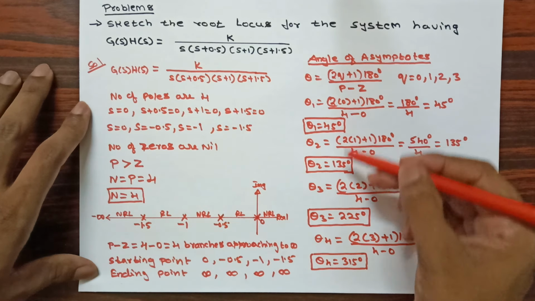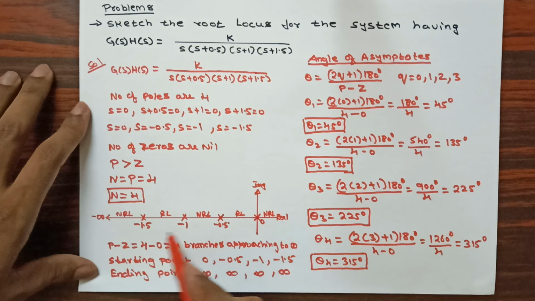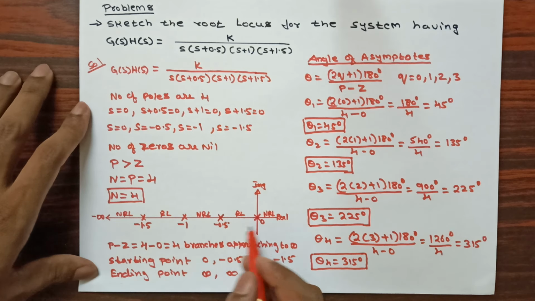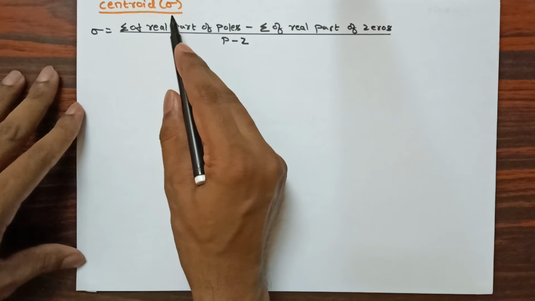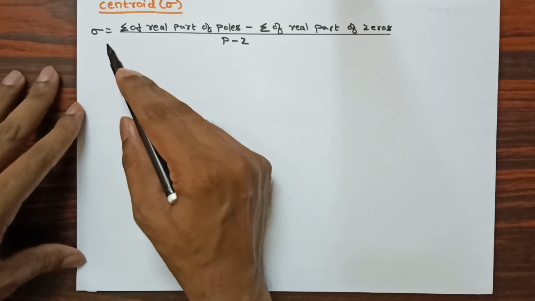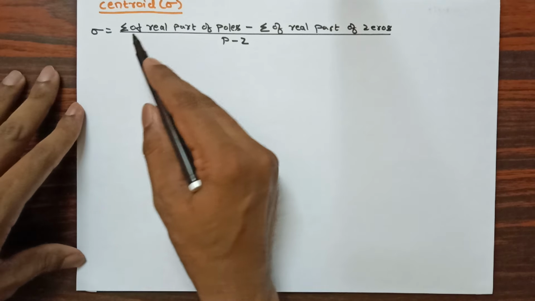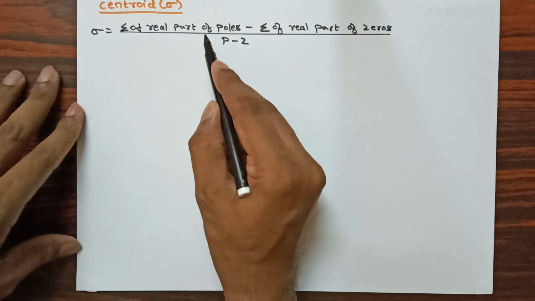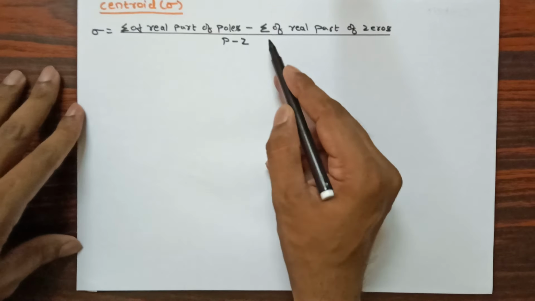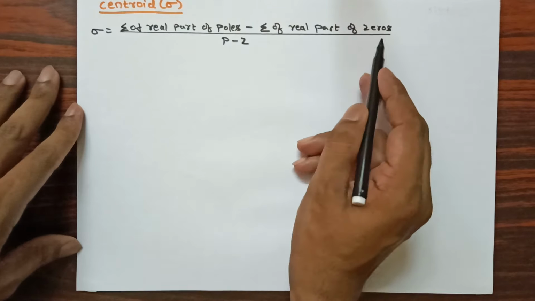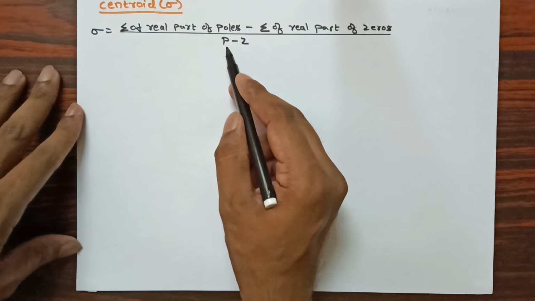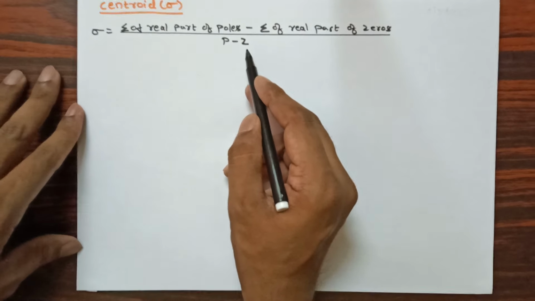To draw these 4 angles on the real axis, I need to consider a point, the centroid. So next, the centroid denoted by sigma. We know the formula: sigma is equivalent to the summation of real parts of poles minus the summation of real parts of zeros divided by the number of poles minus the number of zeros.